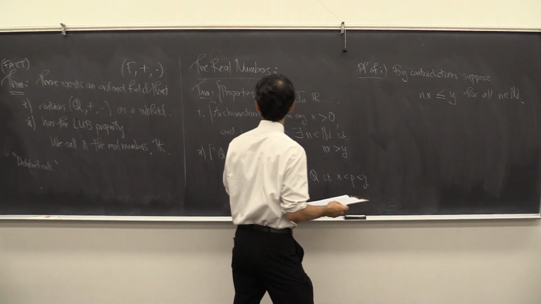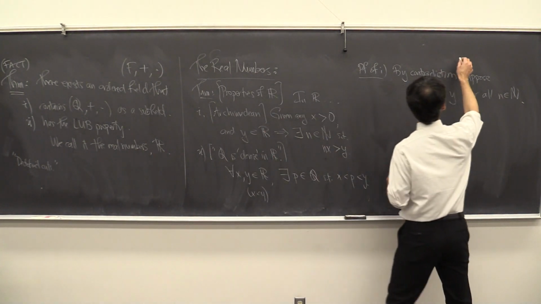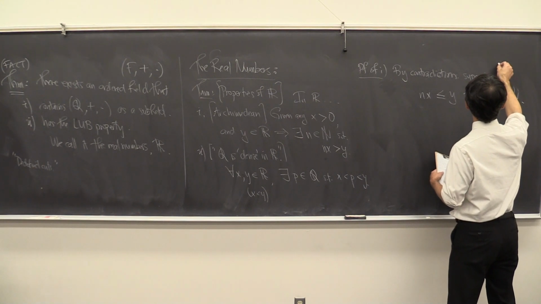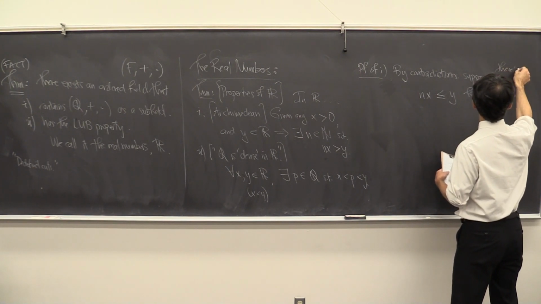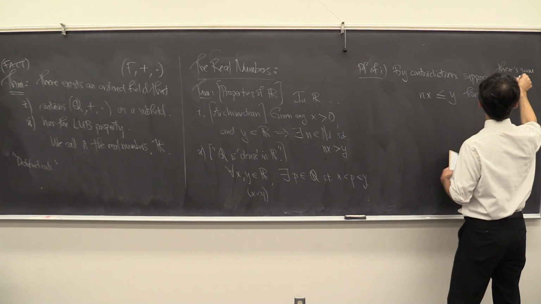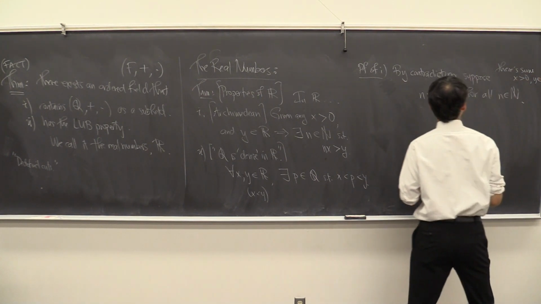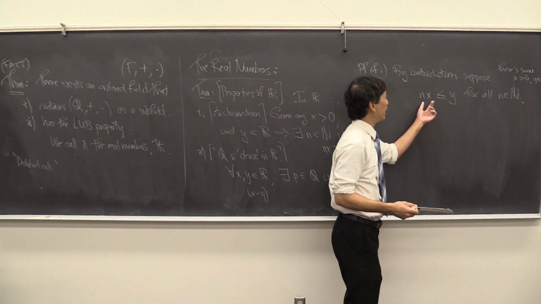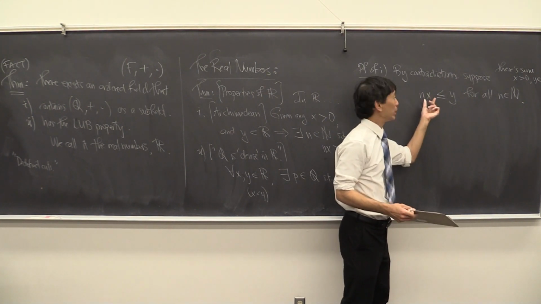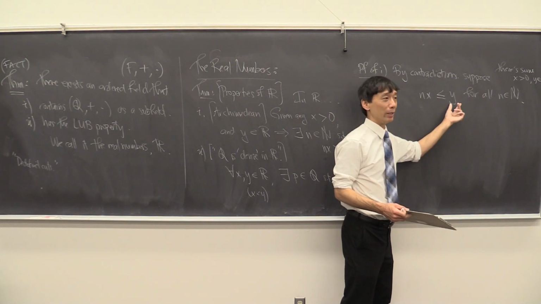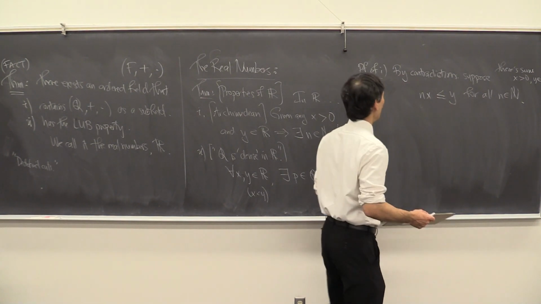Suppose there's some positive x and some real y, and no matter how many spoons you take out, the bathtub is still bigger than that.